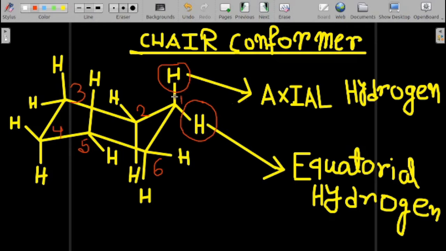In this case the two hydrogens are present in different planes. You can see that this hydrogen is also in the equatorial plane, and this hydrogen is also in the axial plane. In this carbon particularly, this hydrogen is in the axial plane, and this hydrogen is in the equatorial plane.